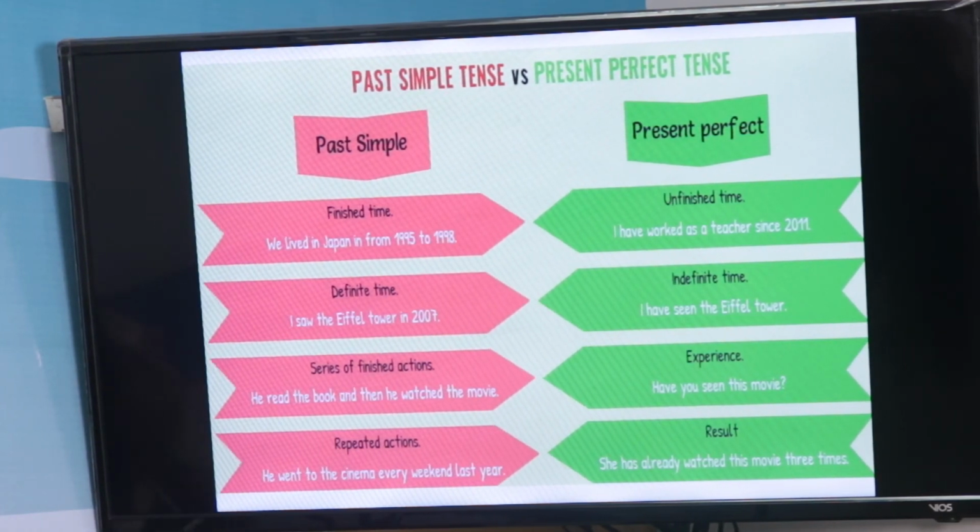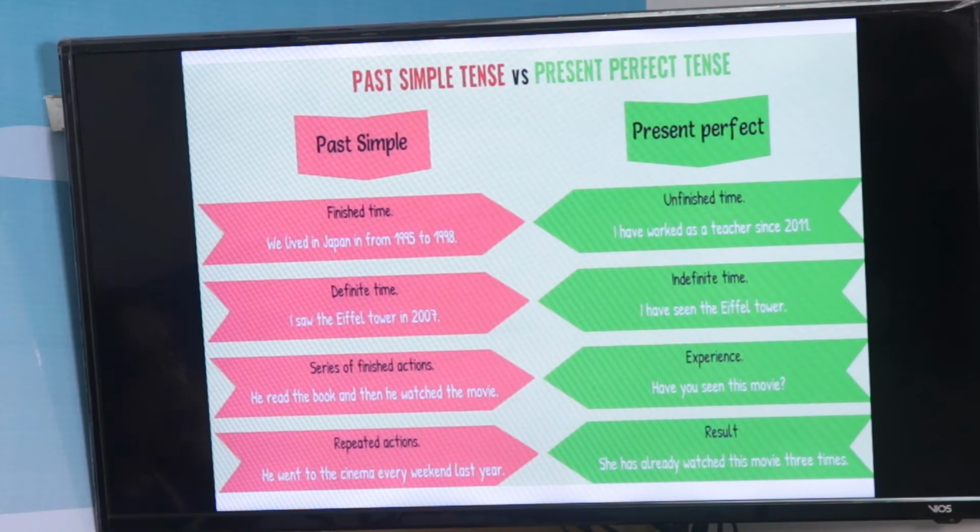Then let's compare with present perfect with unfinished time. I have worked as a teacher since 2011. Then we have a definite time, talking about simple past. I saw the Eiffel Tower in 2007. That is a specific period of time. Then we have an indefinite time. I have seen the Eiffel Tower.